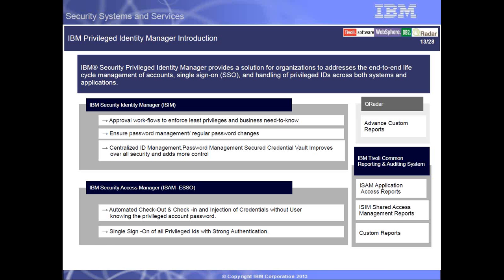Then you have IBM Security Access Manager, that is ESSO. It does automated check-out and check-in and injection of credentials without the user knowing the privileged account password. Single sign-on of all privileged IDs with strong authentication. Now when we say injection of credentials, we'll see what exactly it means.